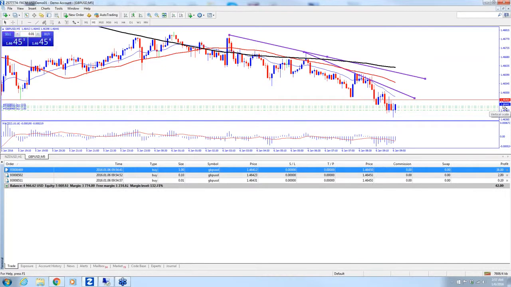So 1.4644, that 4, when it goes up and down one time, that's the equivalent of a pip. The last digit, the fifth digit, is called a sub pip. So you have pips and sub pips. So in this case, you have the GBP USD. You bought it, and it's up 4 pips.